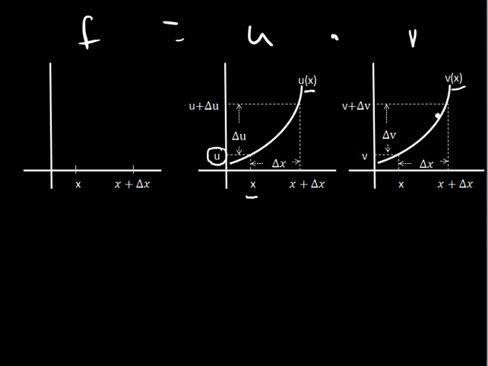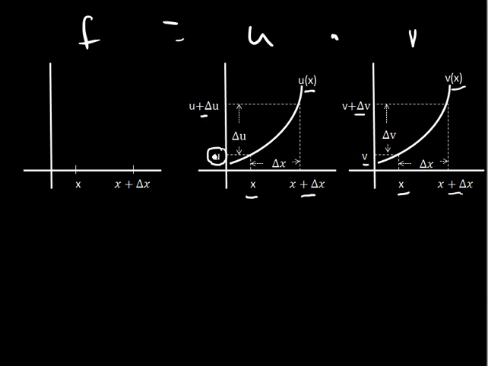Our function v of x is taking on the value v. At x plus delta x, it's v plus some delta v, and our u function at x plus delta x is taking on some value u plus delta u.